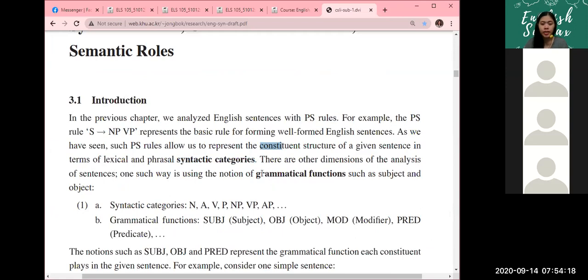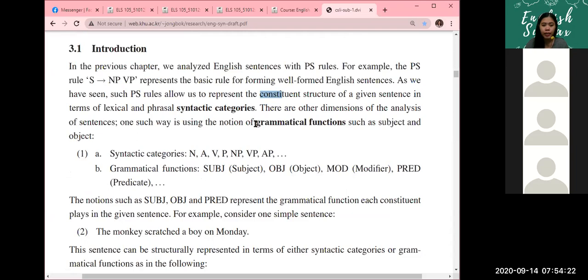There are other dimensions of the analysis of a sentence. One way is the grammatical function. In the previous chapter, we talked about syntactic categories. That includes the NP, the VP, the noun, the verb, the adjective, the preposition, the pronoun, and so on. This time we are going to focus on grammatical functions such as subject and object of the sentence.